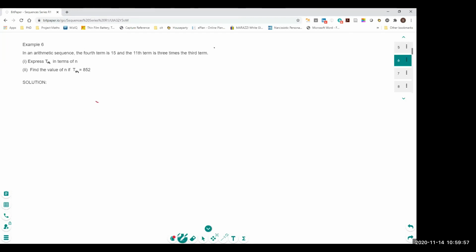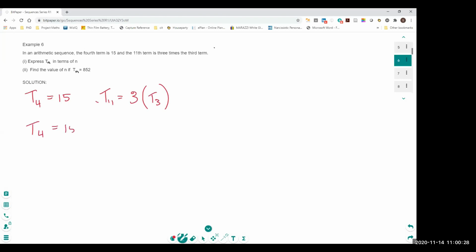Okay, so we have the fourth term, t of 4, they've told us, is 15. The 11th term, t of 11, is equal to 3 times the third term, t of 3. Now, how can we express t of 4 differently?